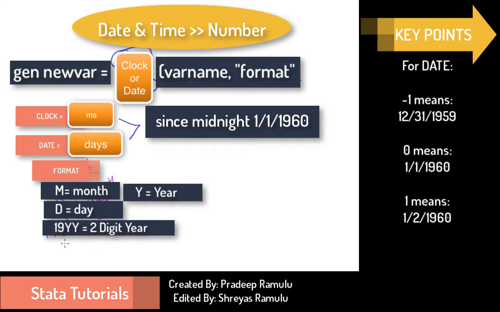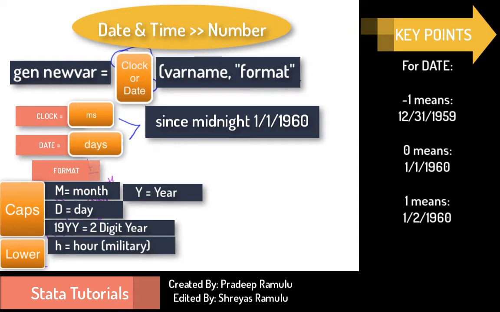Remember, these are all going to be caps. And then you're going to have some lowercase ones too, which include h for hour. Again, this is going to be in military time, which is what I would recommend you use.